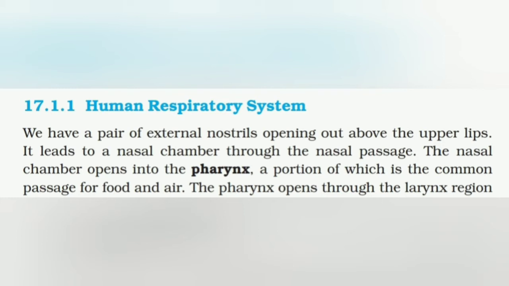Human respiratory system. We have a pair of external nostrils opening out above the upper lips. It leads to the nasal chamber through the nasal passage. The nasal chamber opens into the pharynx, a portion of which is the common passage for food and air.